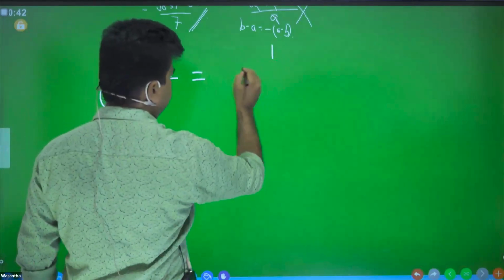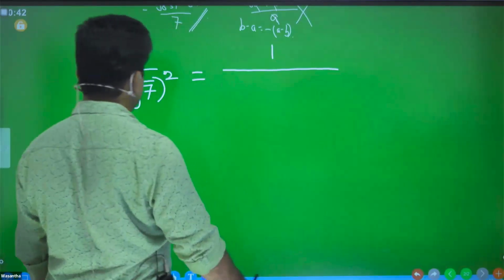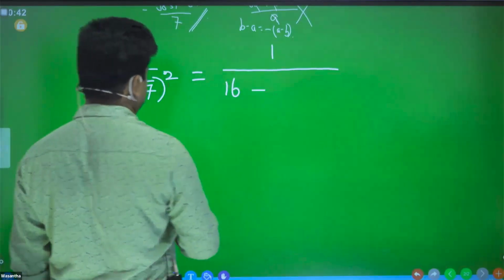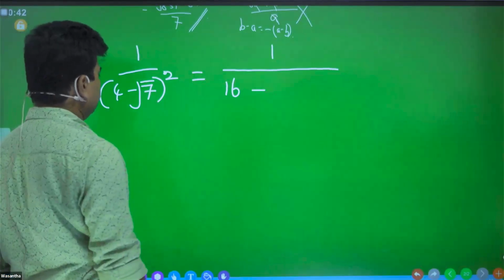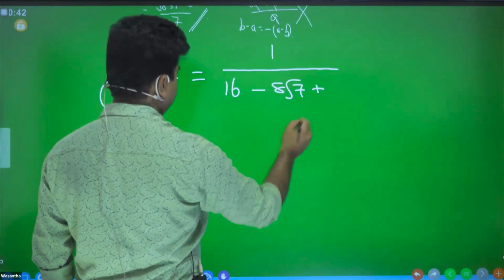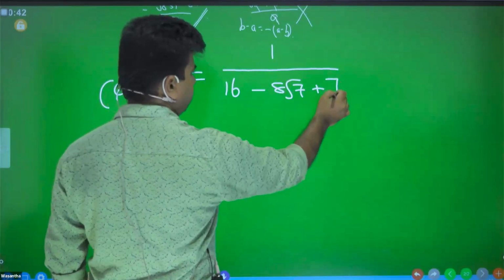So this can be written as 4 squared, that is 16, minus the product of them into 2, that means 8 root 7, plus root 7 squared is 7.